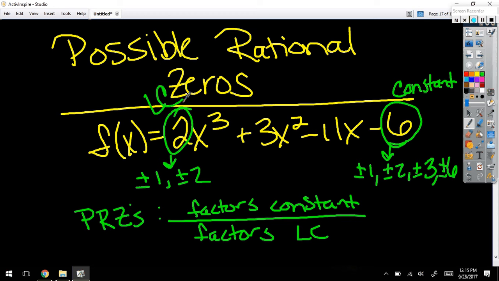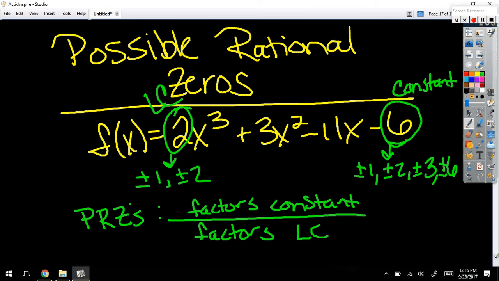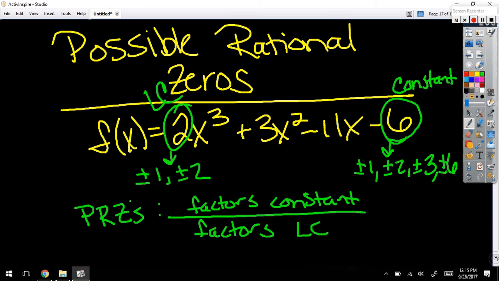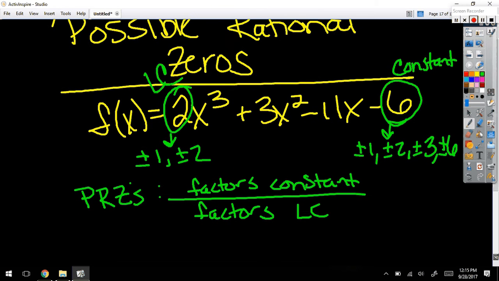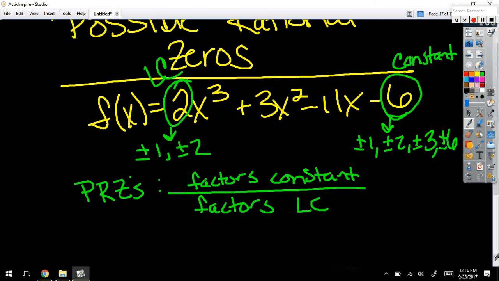So, looking at my example here, for this particular polynomial, what would be the PRZs? What are all the possibilities that I could list for this? 1, 2. All right, let's do it with the plus or minuses. All right, hold on. Understand what this is telling you. Here are my factors of the constant.